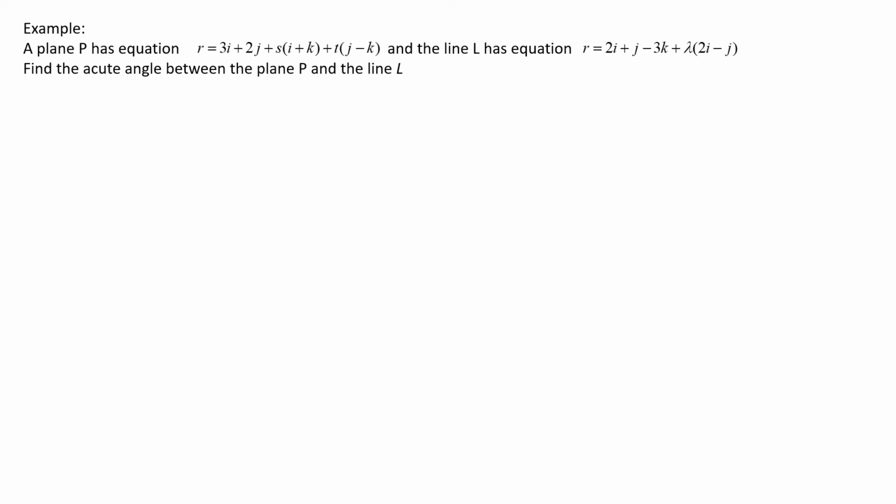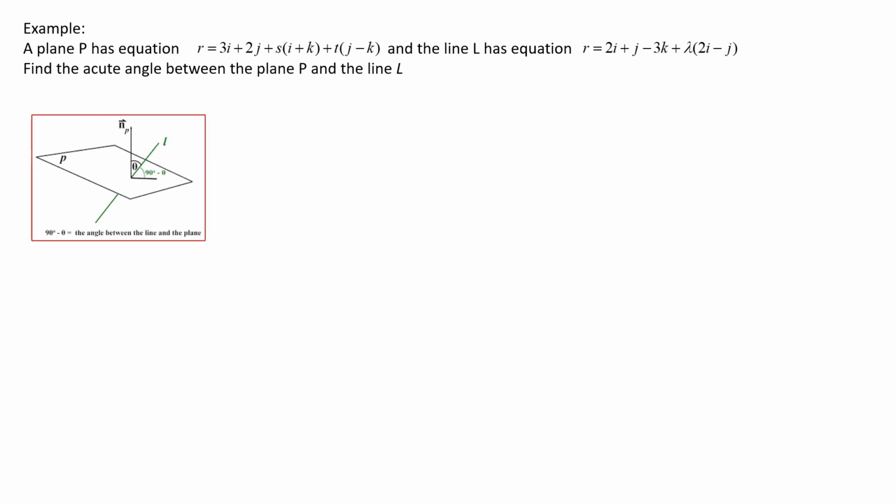Now look at this example. This is the equation of the plane, and this is the equation of the line. Now we want to find the angle between the plane and the line. This diagram can help you.